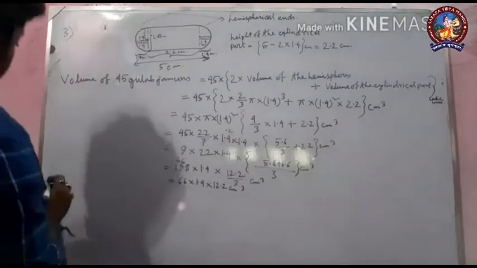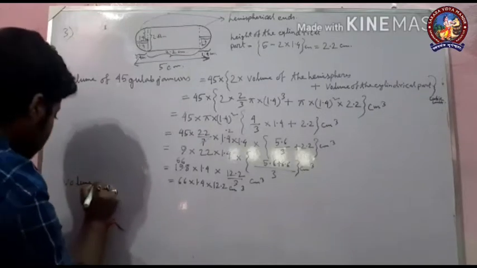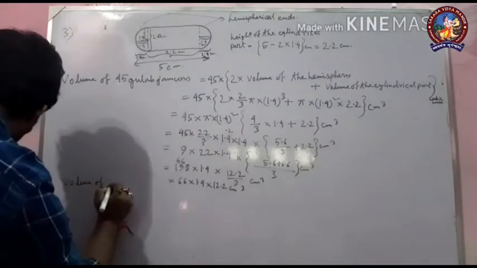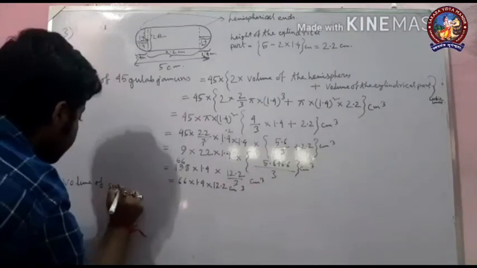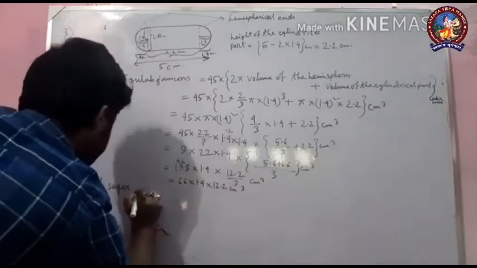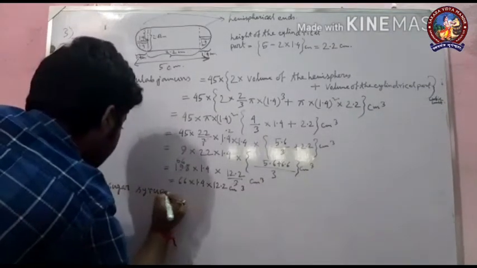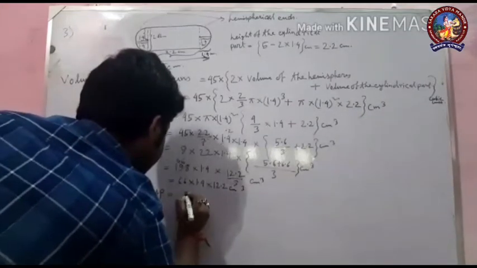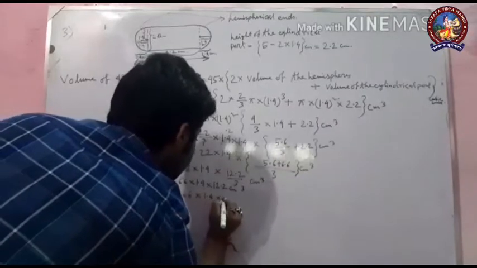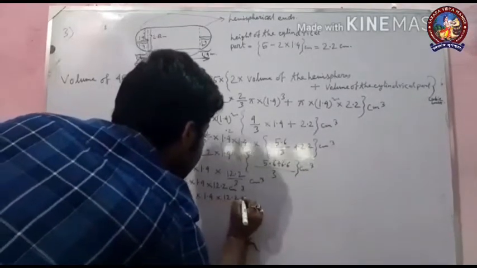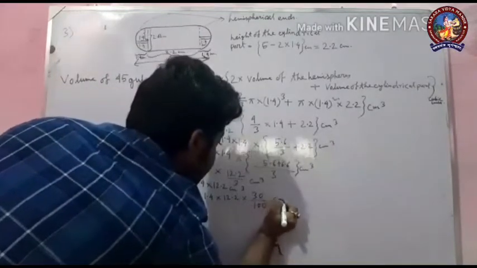So the volume of sugar syrup will be 66 into 1.4 into 12.2 into 30% means 30 by 100 centimeter cube.